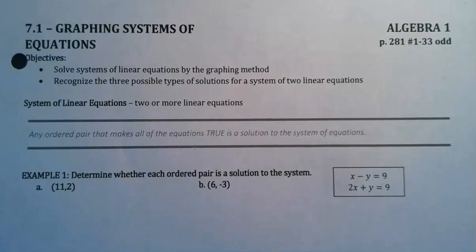Okay, so first of all, when it says a system of linear equations, it just means 2 or more linear equations. So I can look at this one. This is a system right here. This is a system of equations. It's 2 equations or 2 lines that have to go together.